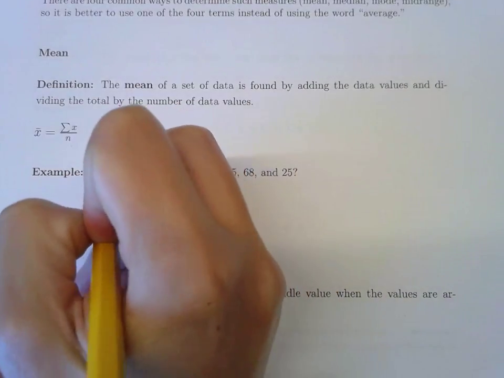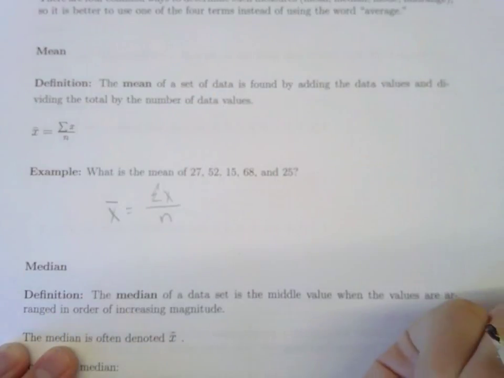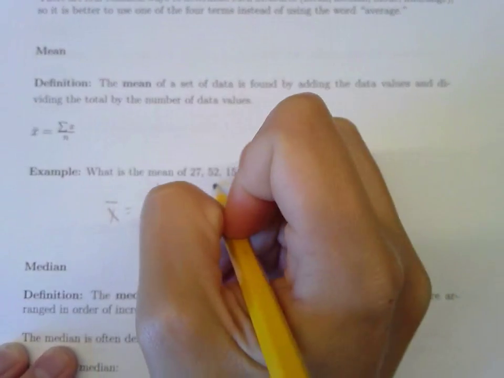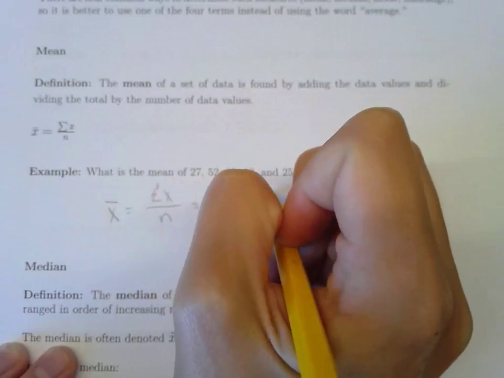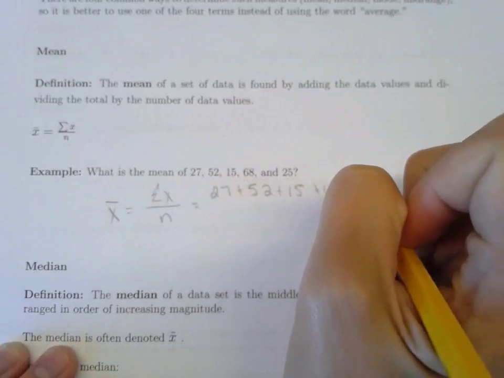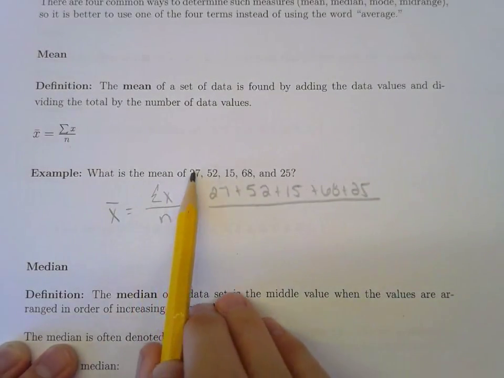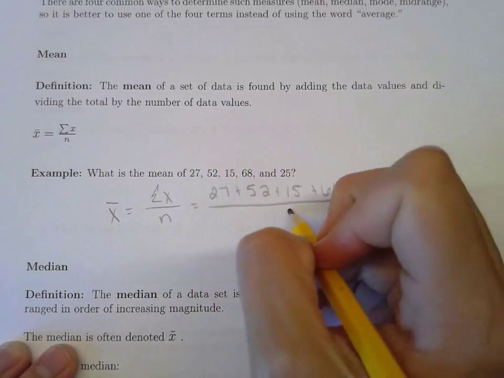So the mean, x bar, is the summation of all of the x's divided by the number of data values. We're going to add up all of these: 27 plus 52 plus 15 plus 68 plus 25, and then divide by the number of data values we have, which is 1, 2, 3, 4, 5.